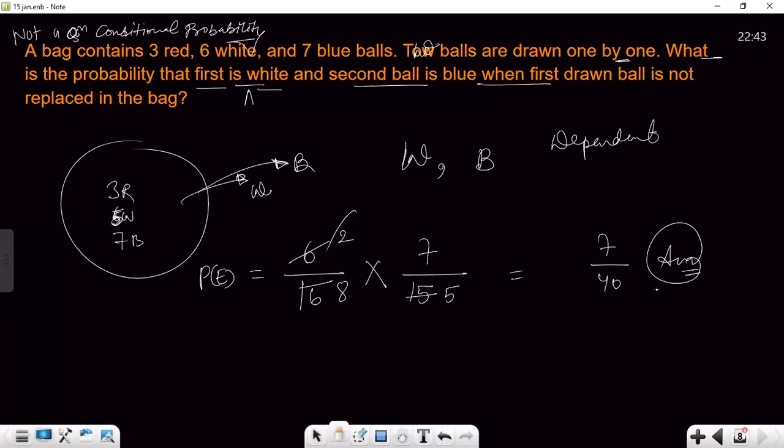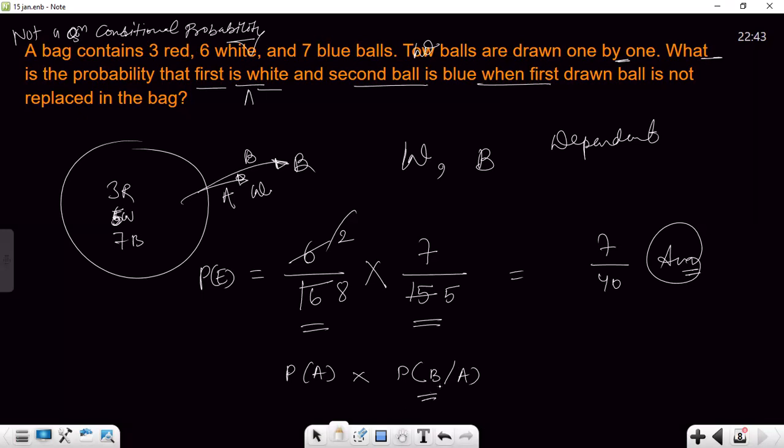Clear? And this particular event that we have written here, if we are calling the first event of withdrawing a white ball as A, and the second event of withdrawing a blue ball as B, then this is the probability of event A multiplied with the probability of event B, assuming that A has taken place, because we have assumed here that one white ball is already withdrawn.